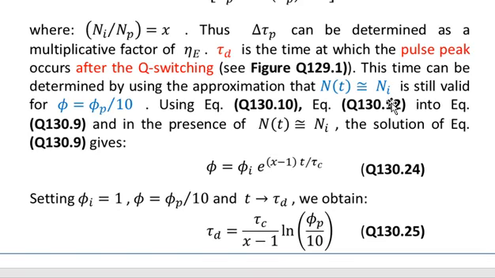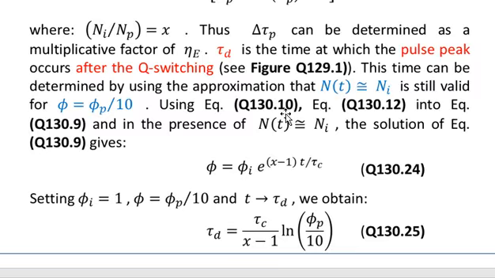So we are using this, and using equation number 10 and equation number 12 in equation number 9, in the presence of n as a function of time, that is the population inversion as a function of time, to be substituted by the value Ni, the solution of equation number 9 is given by.